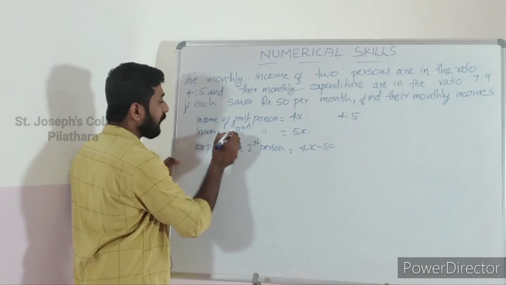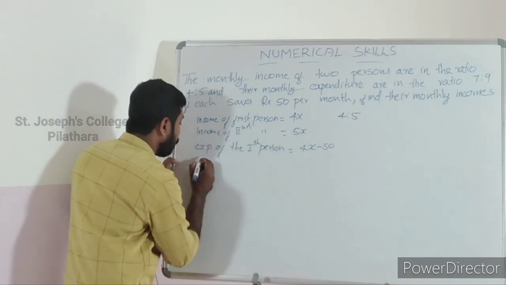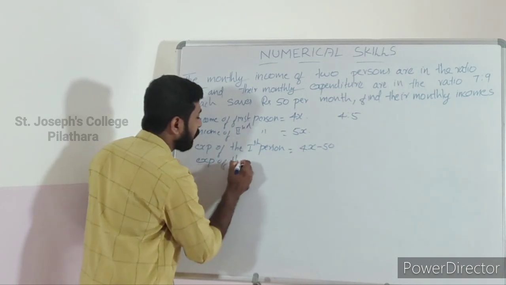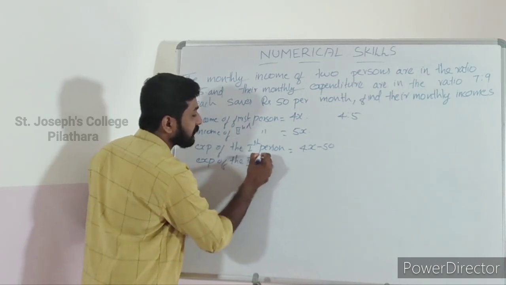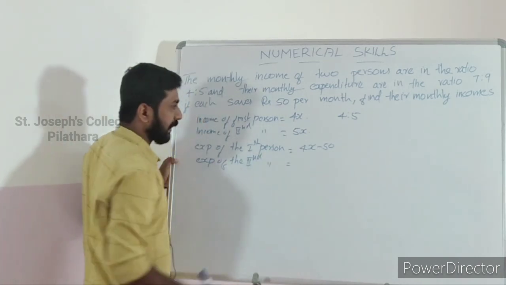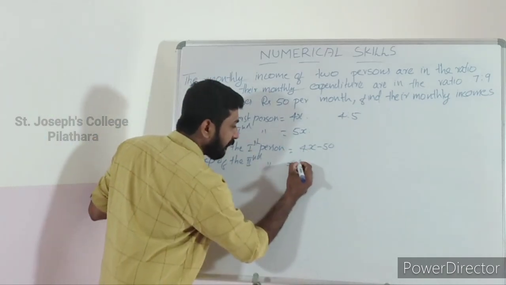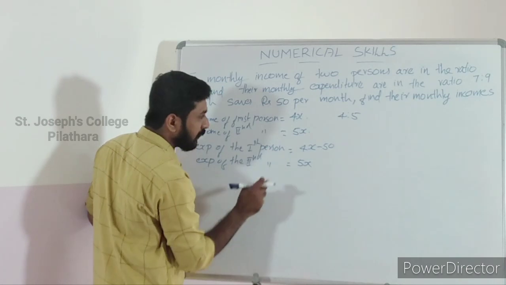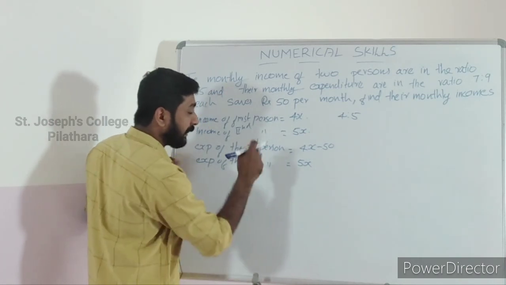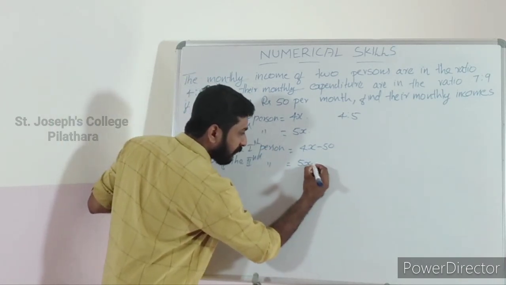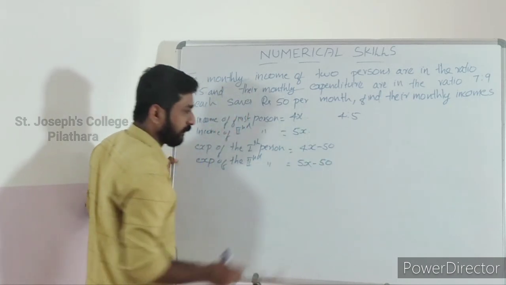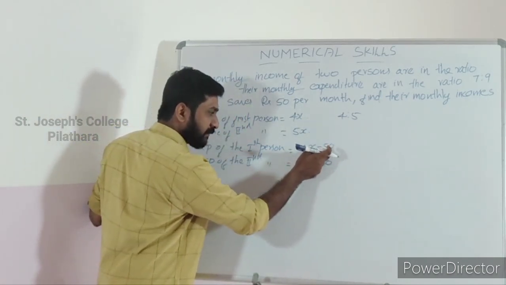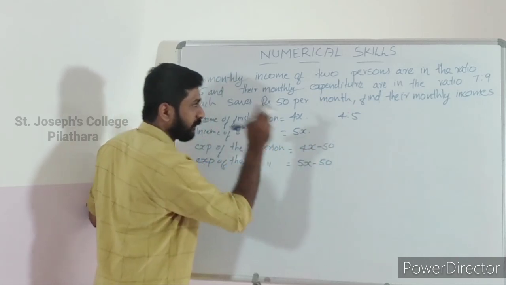The income of the second person is 5x and his savings is 50, so his expense is income minus savings, that is 5x minus 50. Now we got the expenses, that is 4x minus 50 and 5x minus 50.